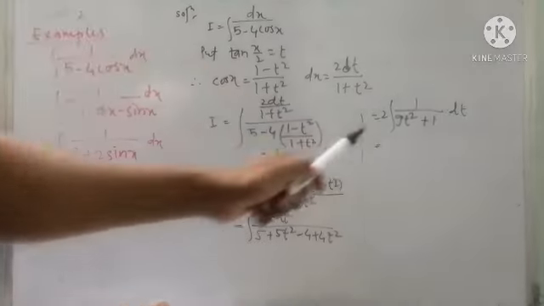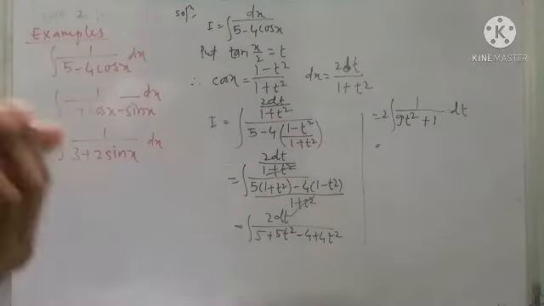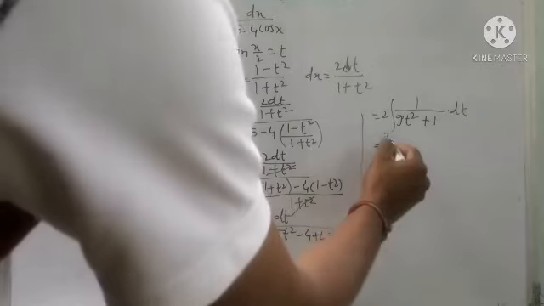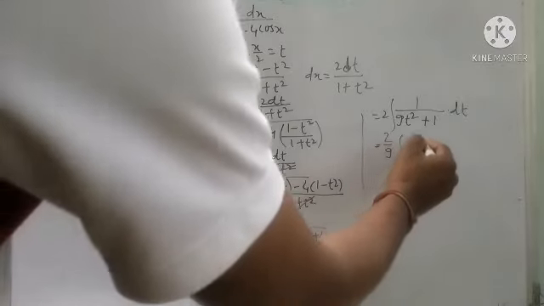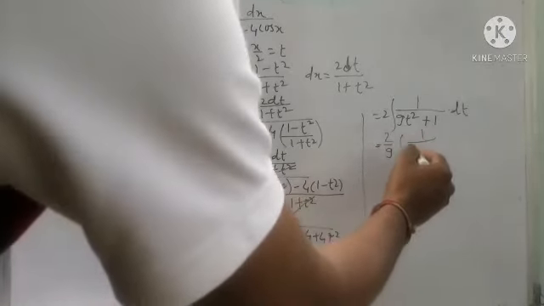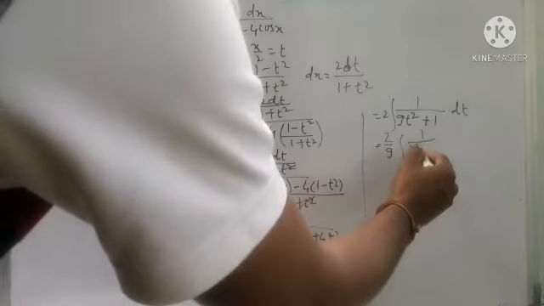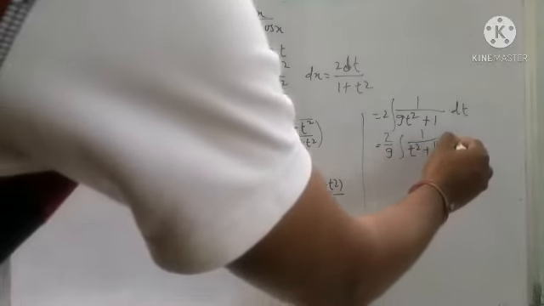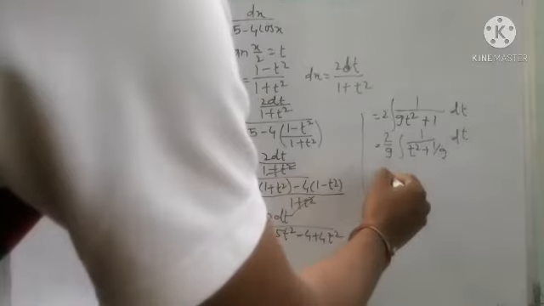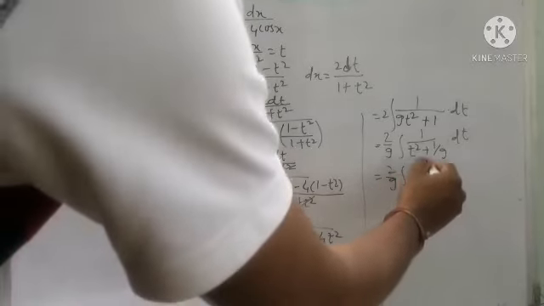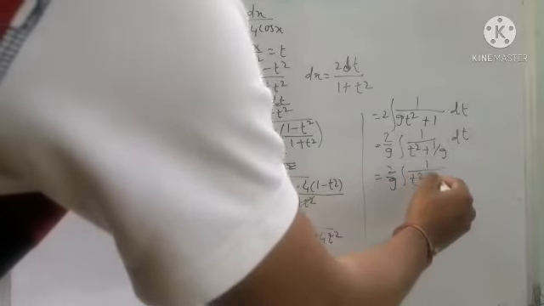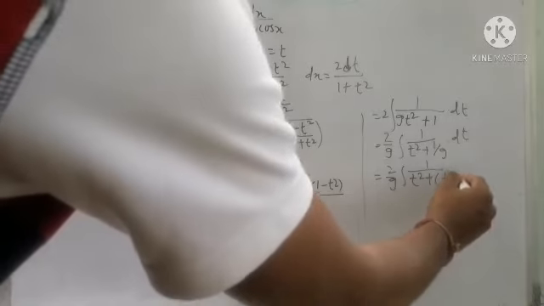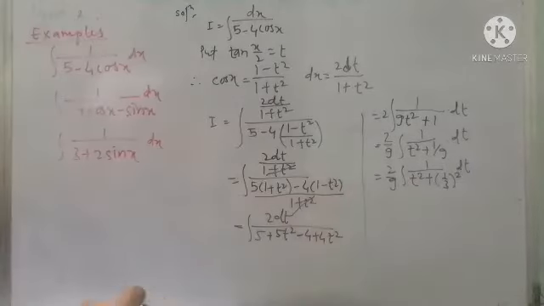Now here it is given 9, so we take 9 common from the denominator, as 9 is a constant, so we take it outside the integration. So outside the integration we get 2/9. In the integration, in the denominator, 1 upon t² plus 1/9. Now make the square of this constant term in the denominator, which is the square of 1/3. Now using the standard integral, as we can observe here, there is an addition in the denominator.